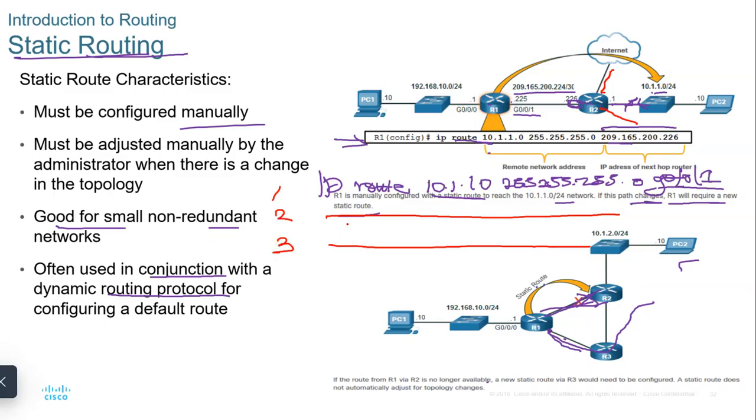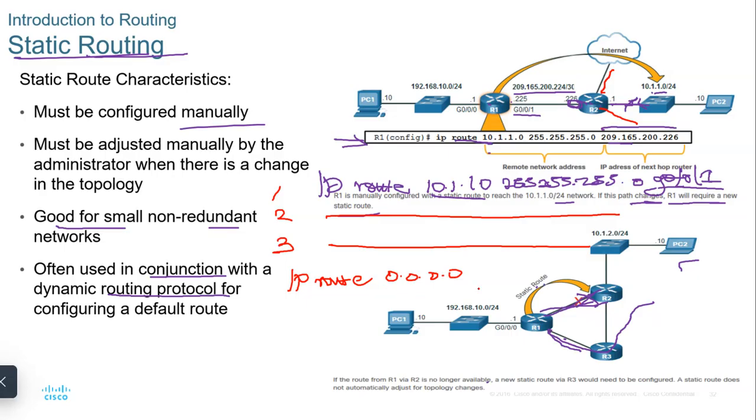But with default, the difference is it will be ip route 0.0.0.0. Here you don't specify like what we did here. There we were specific with the network, but here I'm not specific.